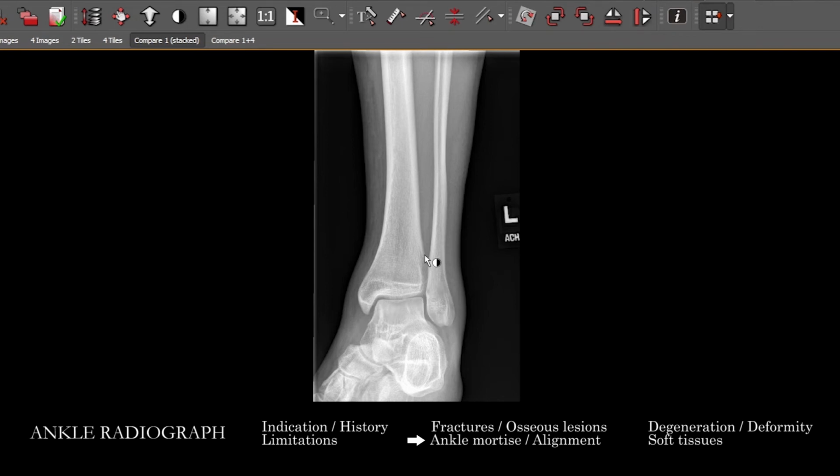Look that there is close or normal apposition along the syndesmosis between the distal tibia and fibula, and that this space is basically symmetric along the medial and lateral aspects of the mortise.